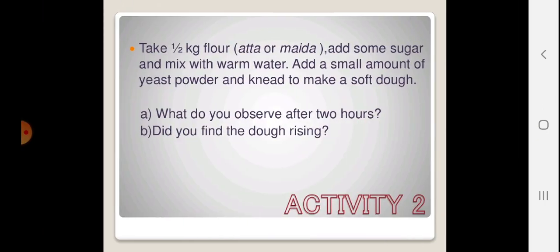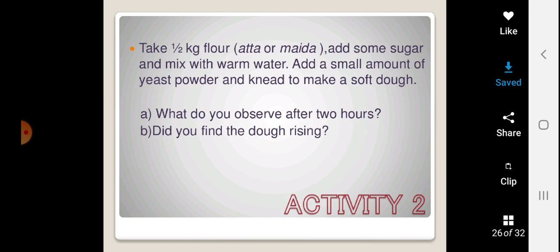Now, let's take activity 2. Here we are supposed to take half a kg of flour, atta or any sort of maida, take some sugar and mix it with warm water. When you add sugar to the warm water, it starts dissolving in it. Add a small amount of yeast powder to this atta and knead to make a soft dough.